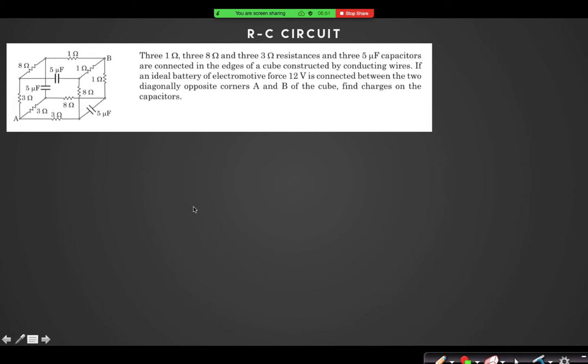If I open these 3 branches, then my circuit becomes like this. This is one. I guess you can understand which branches I am drawing.